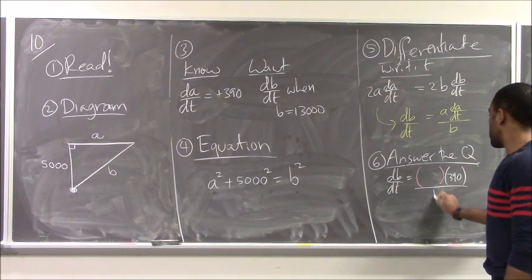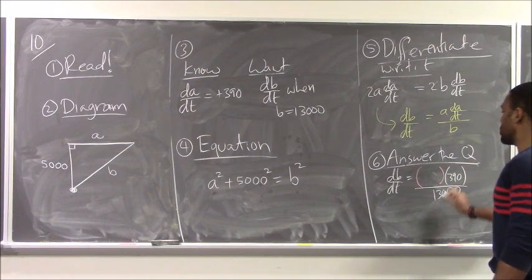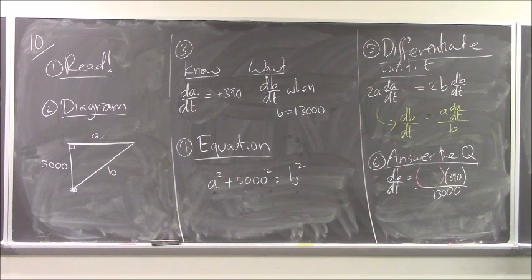Over B, I know that's 13,000. Now, how do I find A?